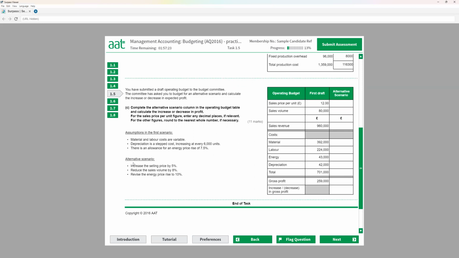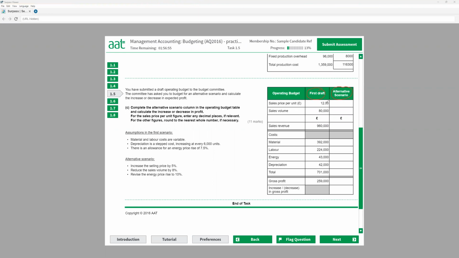Then we have the alternative scenario. Increase the selling price by 5%, reduce the sales volume by 8%, and revise the energy price rise to 10%. Okay, so you have to revise it. So you have a first draft, and you have an alternative scenario. We need to follow mainly the alternative scenario here.